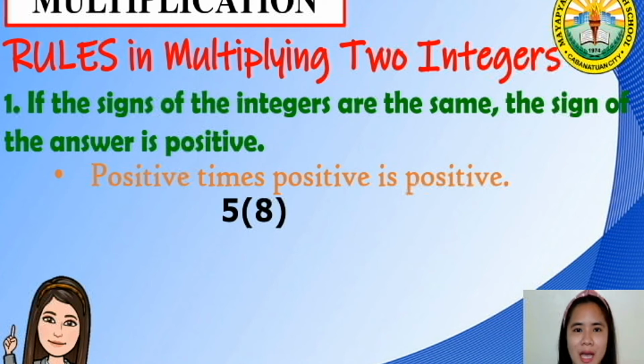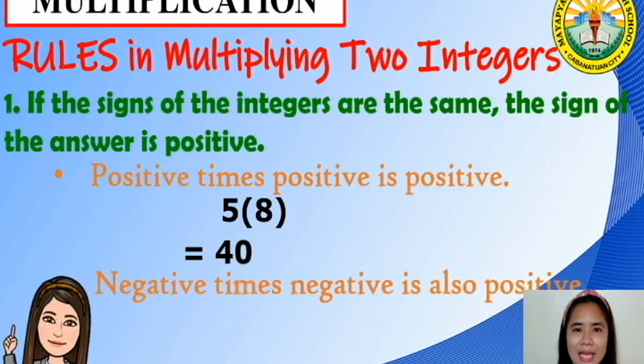Example, 5 times 8, the answer is positive 40. Or negative times negative is also positive. Negative 3 times negative 7 equals positive 21.